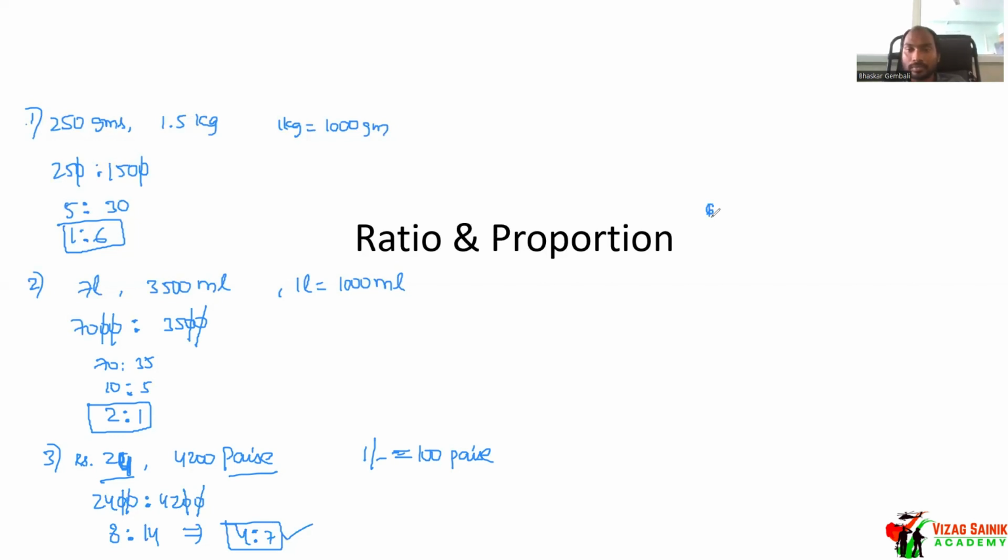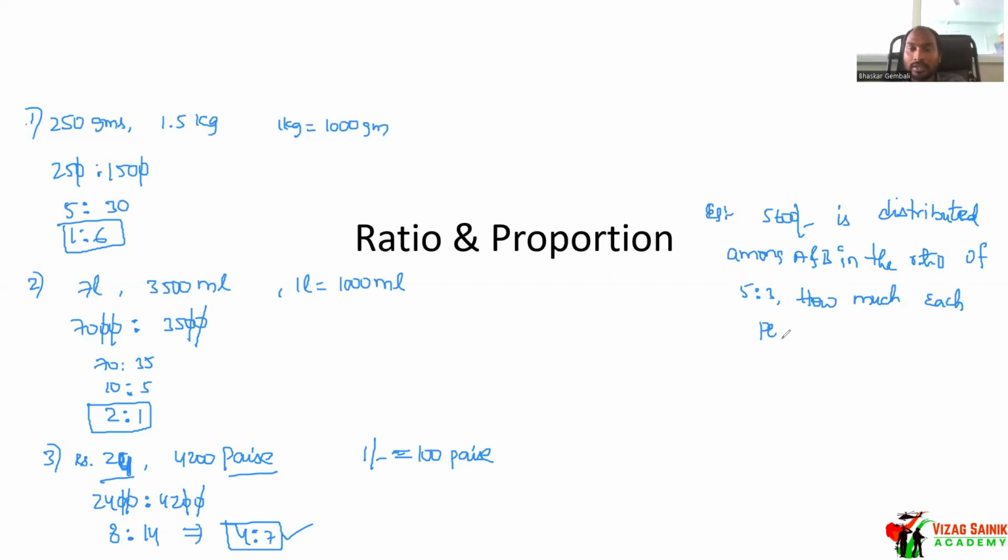Example: 5,600 rupees is distributed among A and B in the ratio of 5 is to 3. How much does each person get?